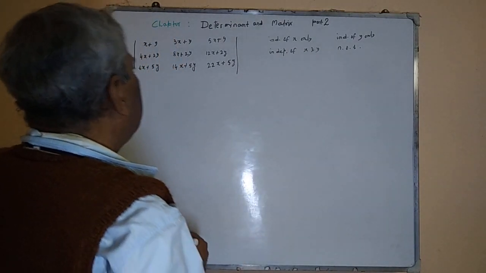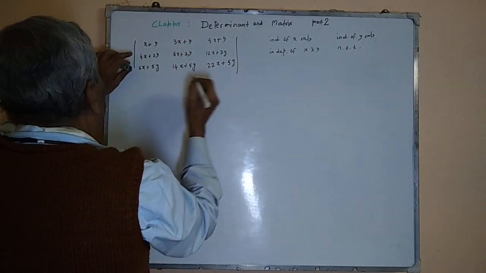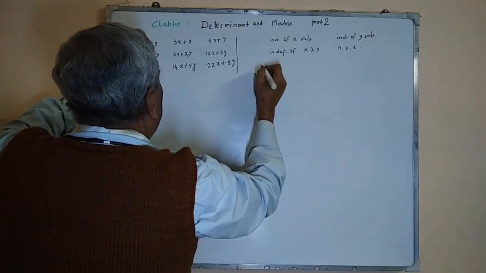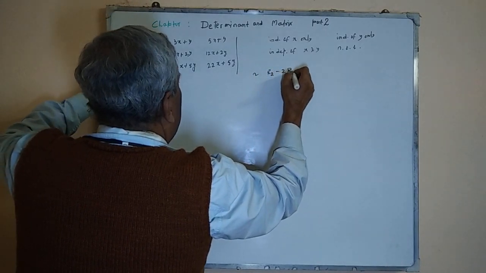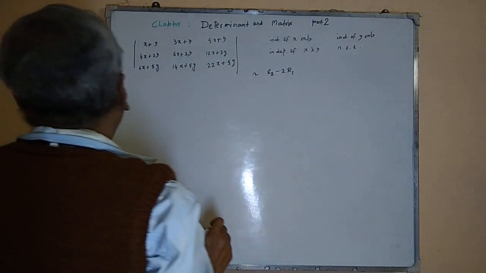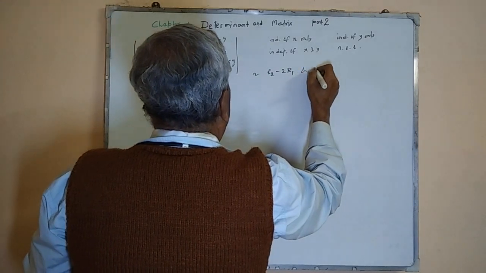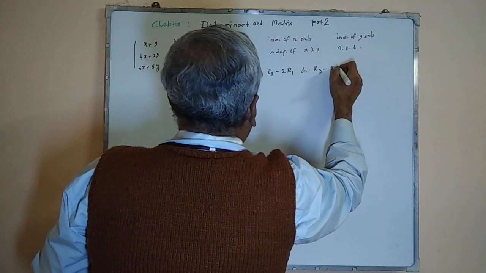So operating this determinant as R2 minus 2 times R1, I try to make it 0, and R3 minus 5 times R1.